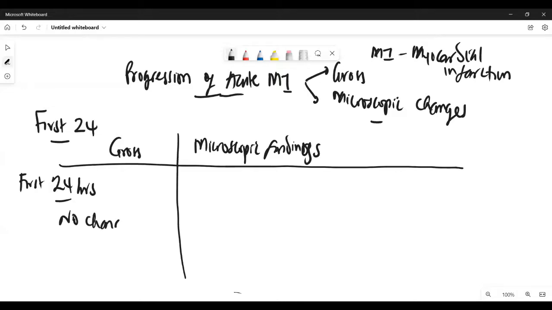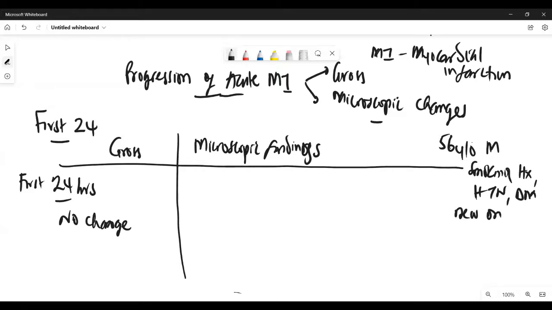You can see a question saying that a patient was maybe a 56-year-old male with a history of smoking, hypertension, diabetes, and a new onset chest pain. And of course, they could also add diaphoresis. So the patient is diaphoretic. It feels like an elephant is sitting on his chest. That's how those patients always present.